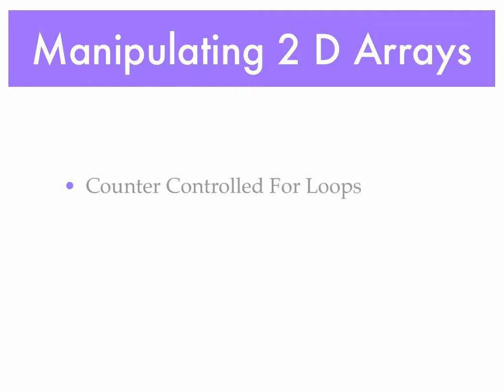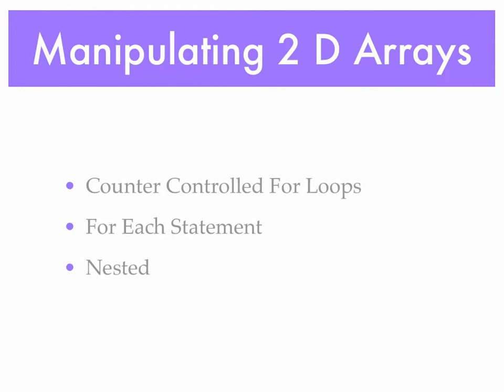Now, as we're manipulating 2D arrays, we're going to use counter-controlled loops. We're going to use for each statements, that enhanced for statement, and then a lot of nesting. Now, we could use while loops, but that doesn't seem most efficient. A counter-controlled loop allows us to be sure of how many times I go through a loop.